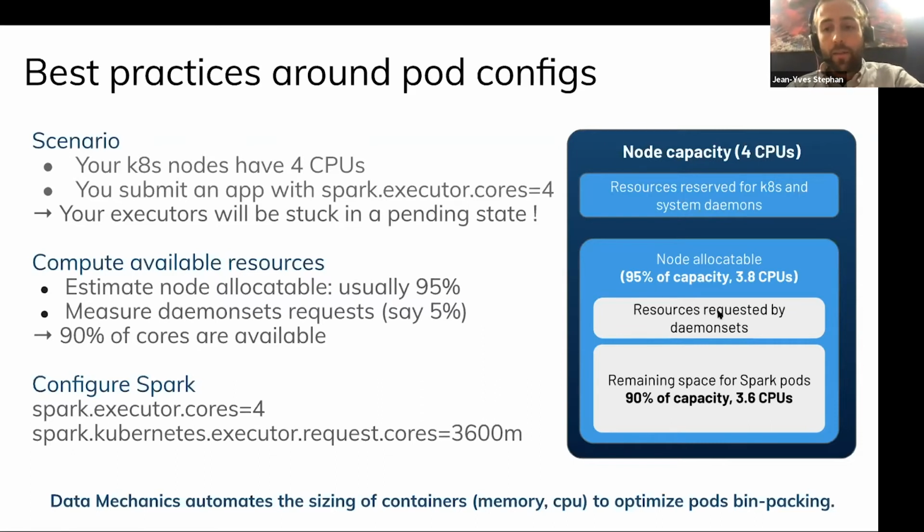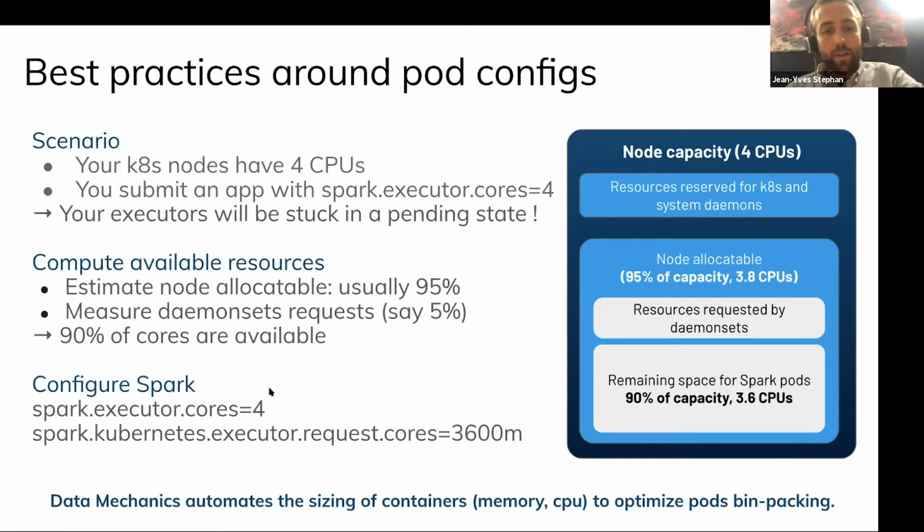Let's say that at the end, you have 3.6 CPUs available for your Spark pods. Then, when you configure Spark, you should set this config spark.kubernetes.executor.request.cores equals 3.6. And then Spark executor cores can still be 4.